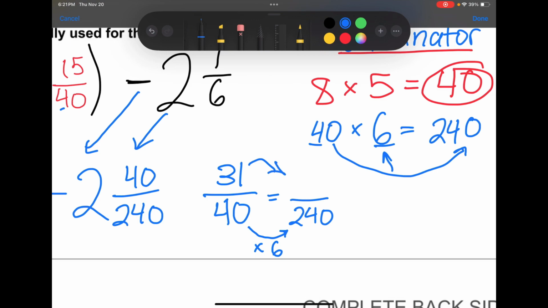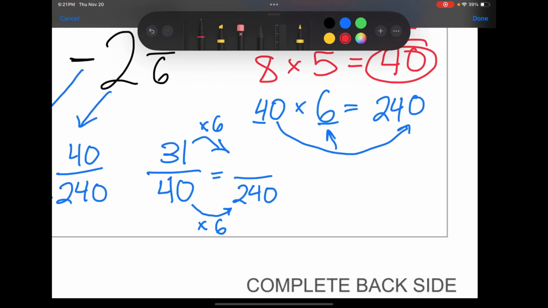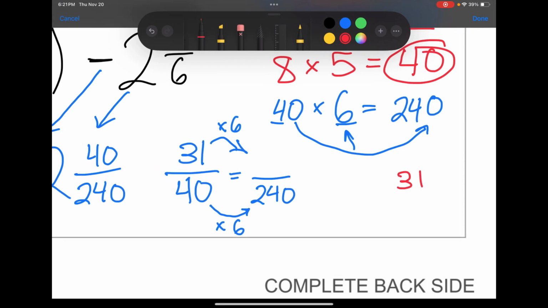So 31 times 6 is, I don't know, let's do some mini math. 31 times 6. 6 times 1 is 6. 6 times 3 is 18. So now my numerator is 186.